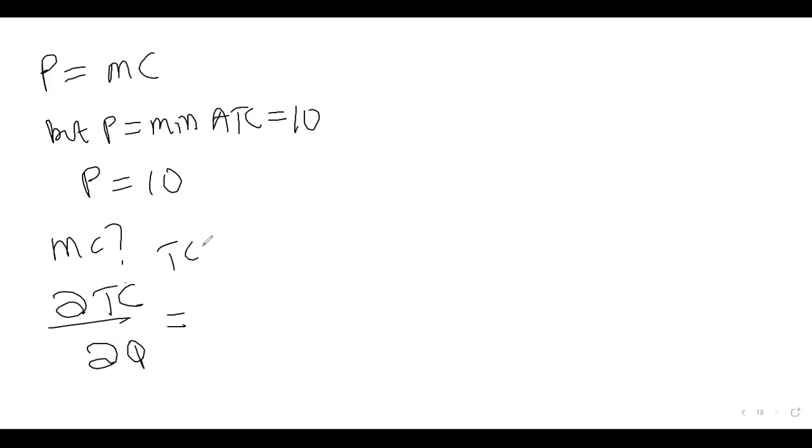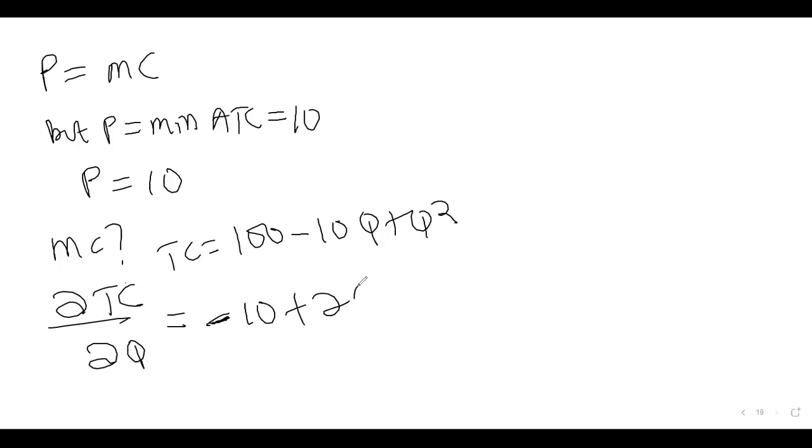The total cost function, if you remember, was 100 minus 10K plus K squared, okay? So if you differentiate total cost with respect to quantity, marginal cost will be minus 10 plus 2K. This is marginal cost, okay?